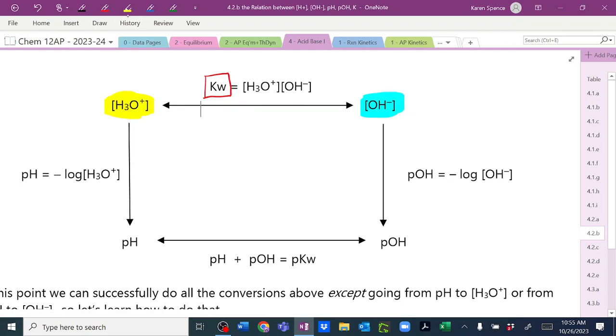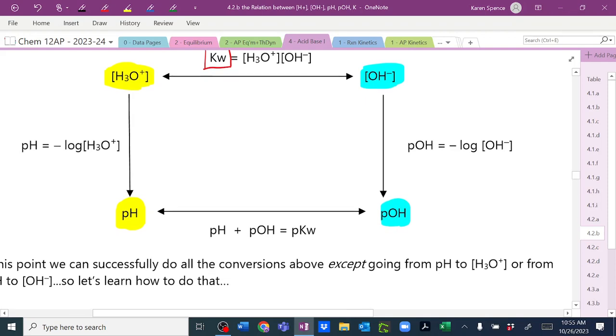Down at the bottom, we have pH and we have pOH. How do we relate pH and pOH? pKw, right? pH and pOH relate by pKw, and if you prefer, you can write this as pH plus pOH equals 14.